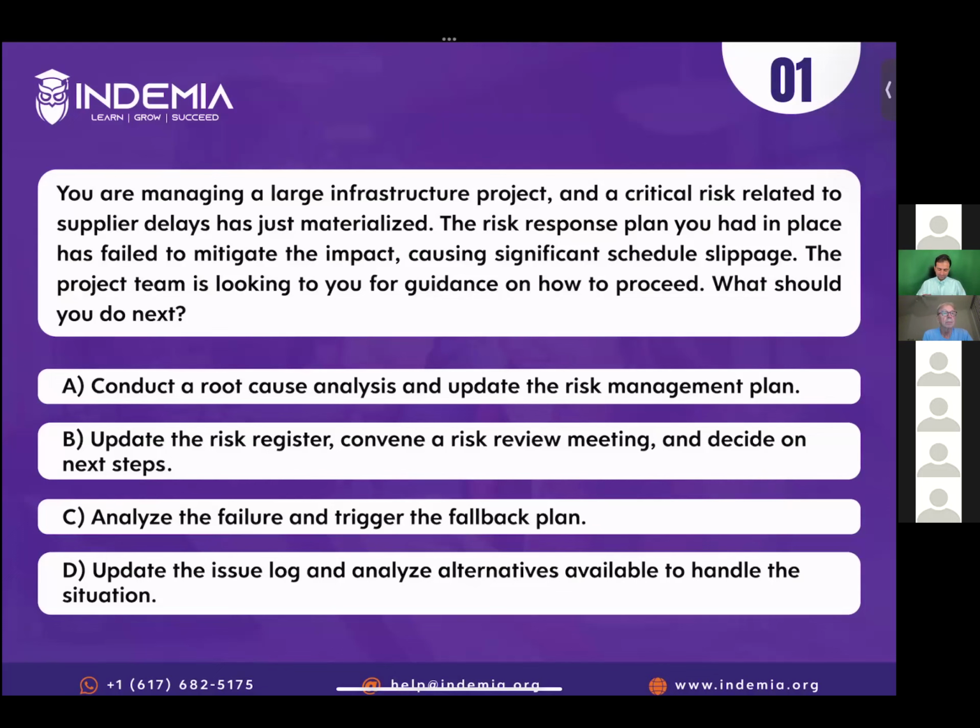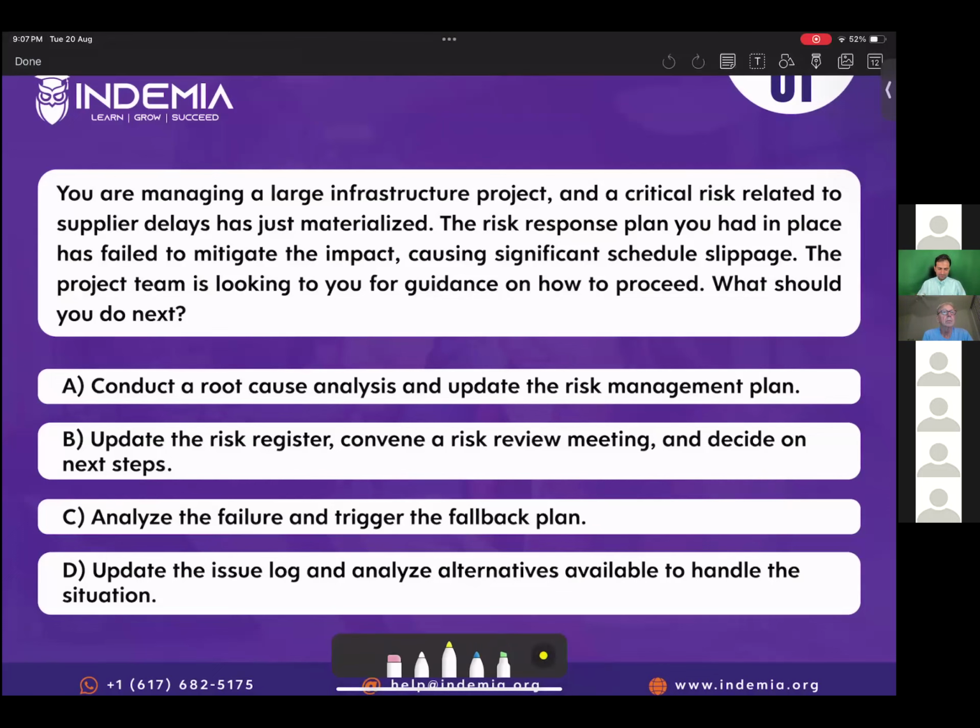Yep, just going through. I don't know if it's time to do the root cause analysis, but we definitely need to update the risk register. And because we don't know the impacts, convening a meeting and deciding on the next step seemed like a really good response.